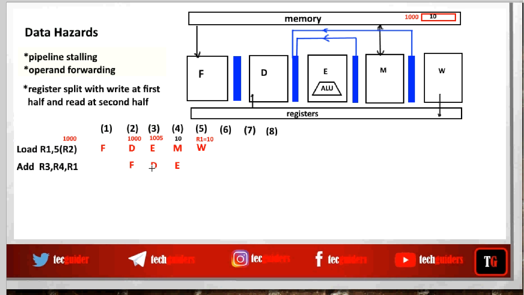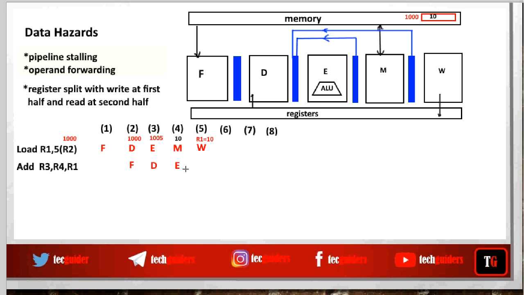When this instruction is at the end of the decode stage, the load instruction is at the end of only the execution stage, meaning only the effective address is computed, and the data is not yet accessed by the load instruction. So our required data is not available. The data becomes available with I1 only at the end of the memory stage. When I1 completes the memory stage, our add instruction completes its execution, so there is no use.